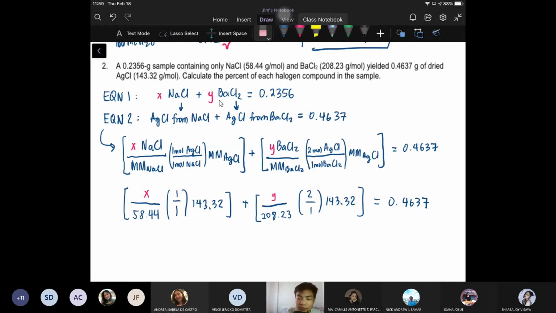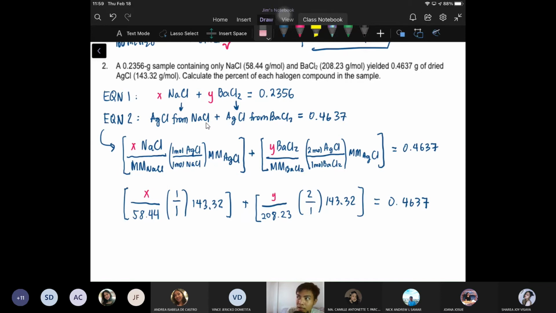So in order for me to solve for the value of x, what I did is that I expressed this term in terms of the mass of NaCl.